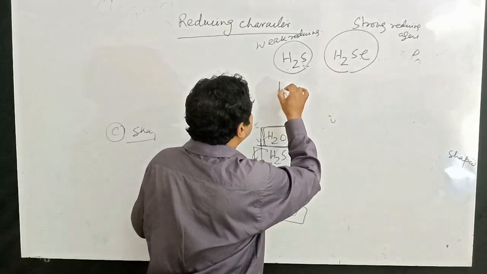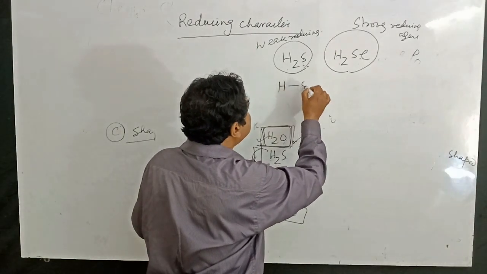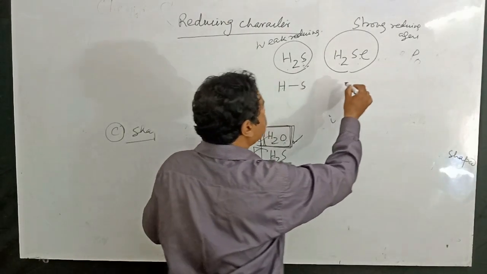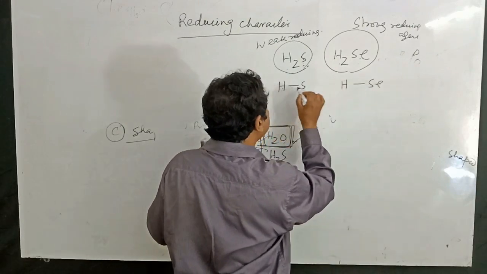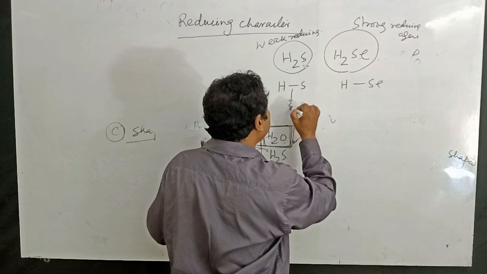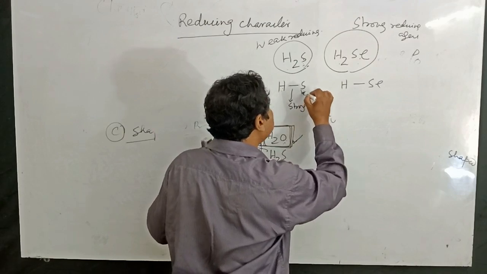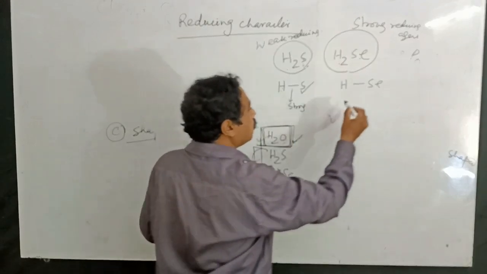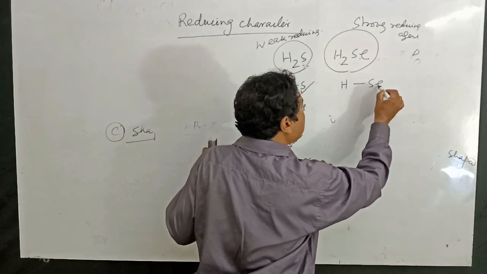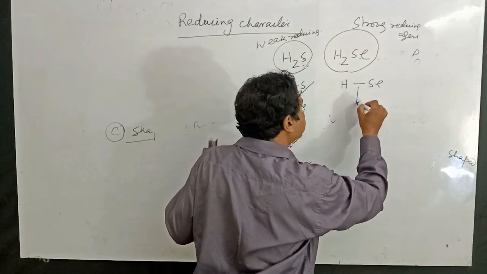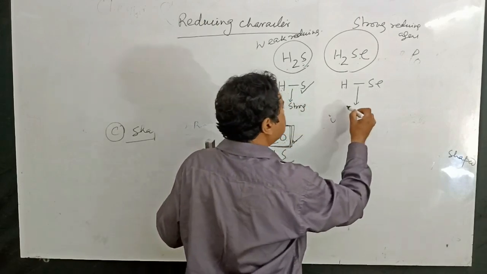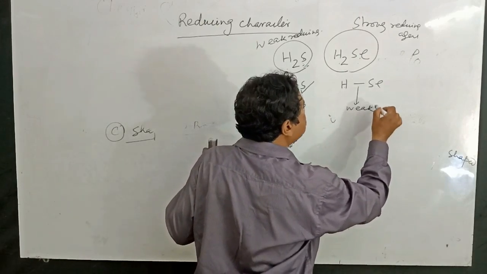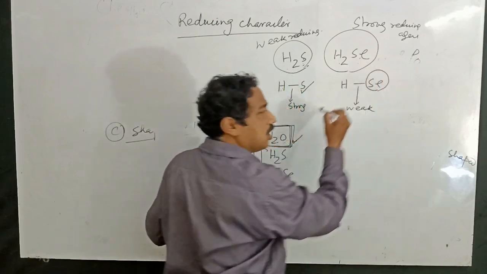Because in the case of hydrogen and sulfur, the bond between hydrogen and sulfur is strong due to the smaller size of the sulfur atom. But in the case of hydrogen and selenium, this bond is weak as compared to sulfur and hydrogen, due to the larger size of selenium.